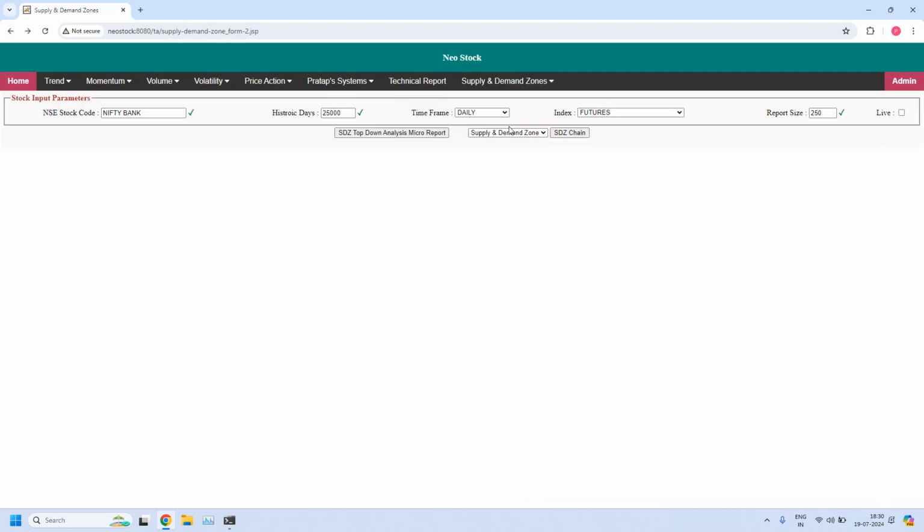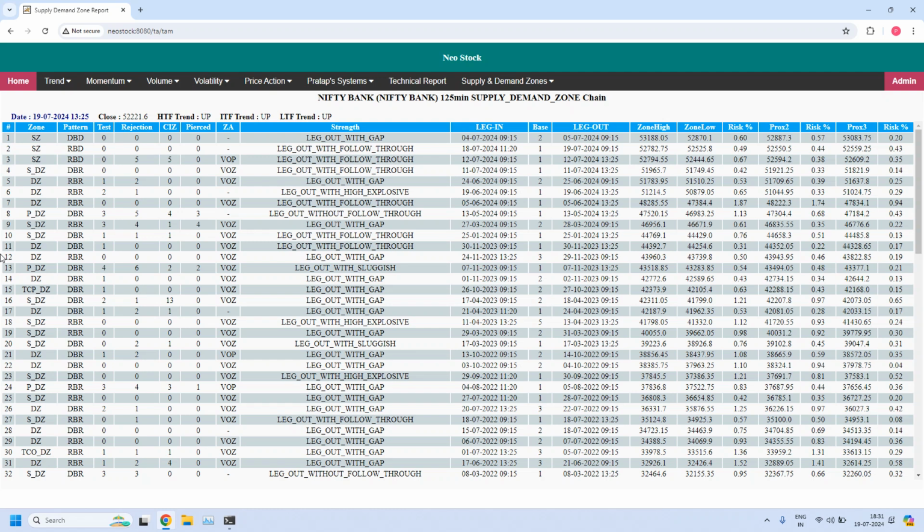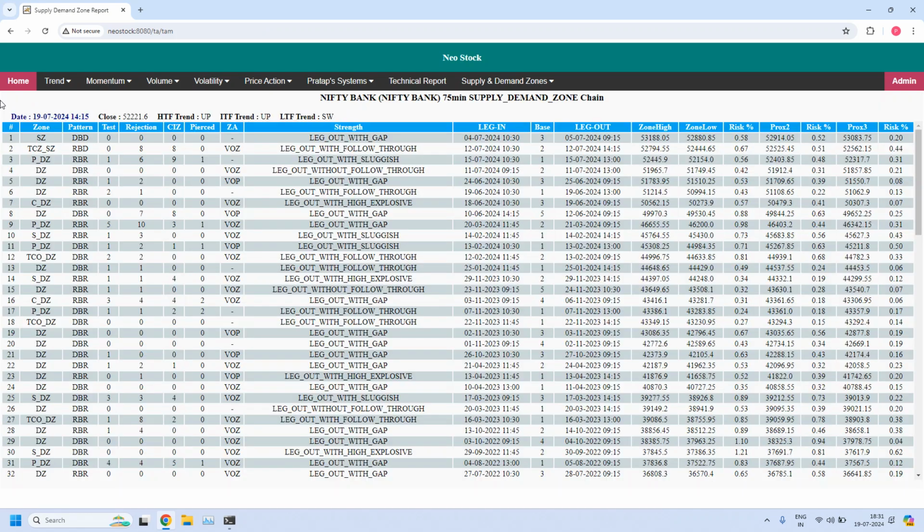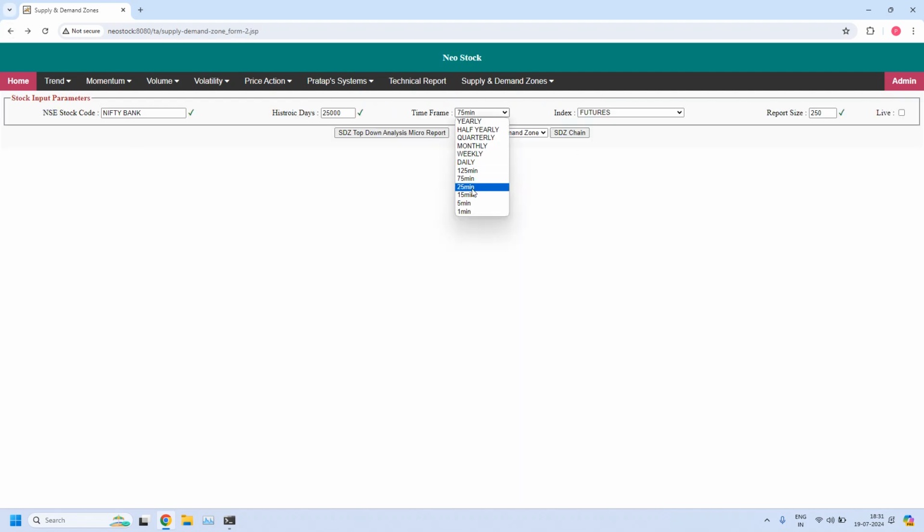Okay, next I am changing the time frame to 125 minutes and now I am generating the BANKNIFTY 125 minutes supply demand zone chain. Okay, and the next time frame is 75 minutes. Now I am generating the BANKNIFTY supply demand zone chain for 75 minutes time frame. And the next time frame is 25 minutes.